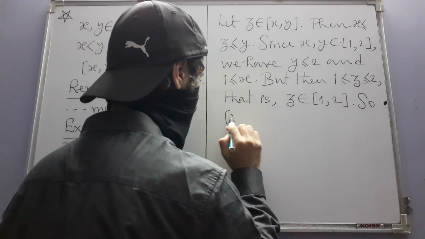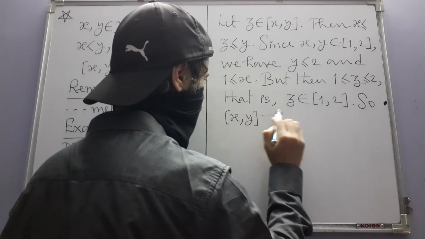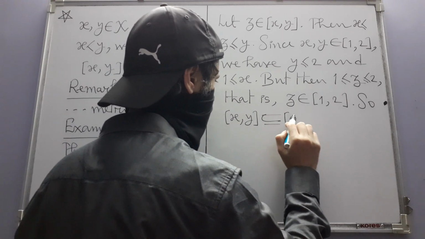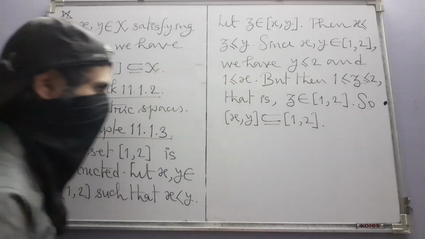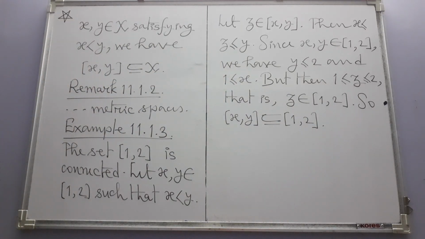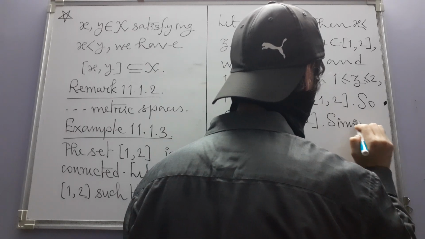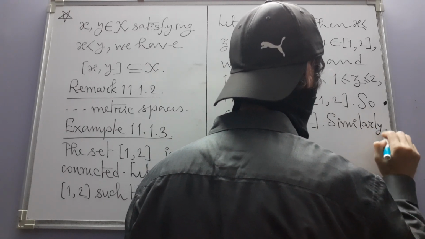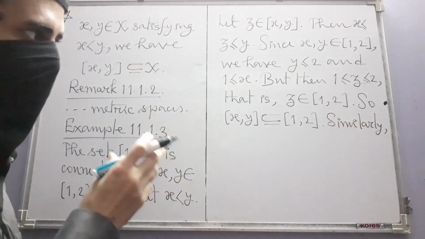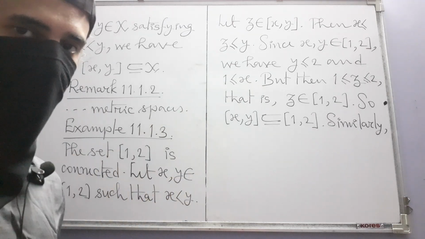Okay. So any element in that interval is also here. So this is a subset of (1, 2). And that's how (1, 2) is connected. Similarly, you do understand the reason for choosing this word connected, right?